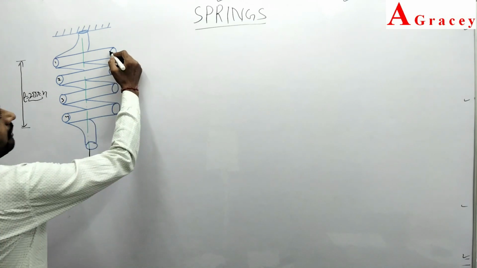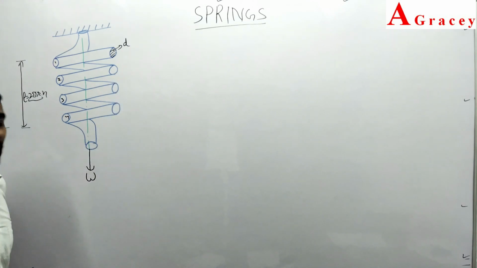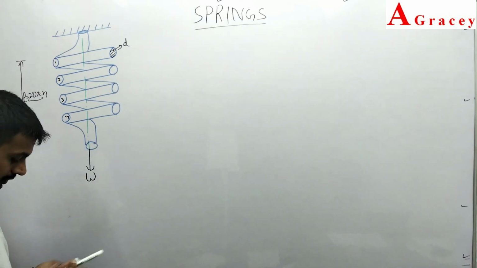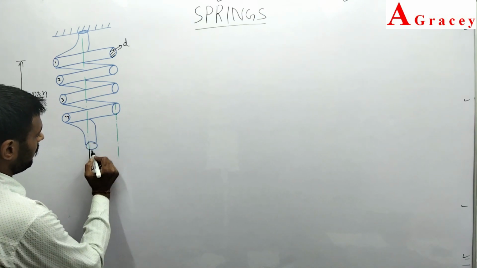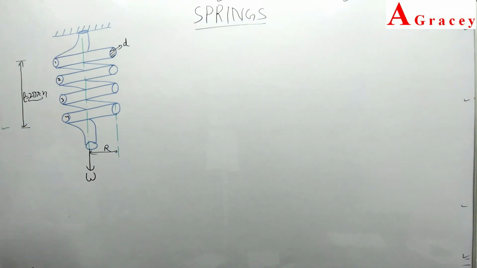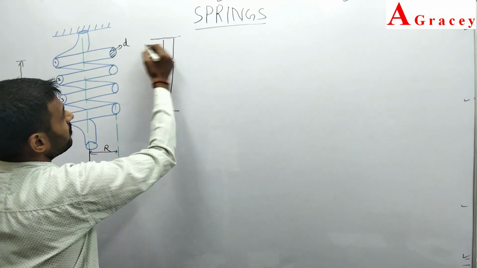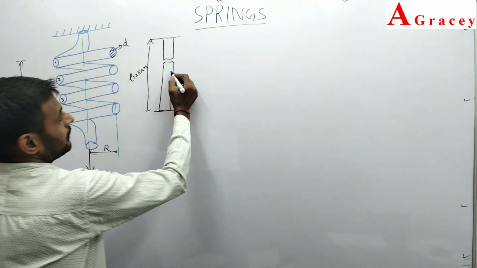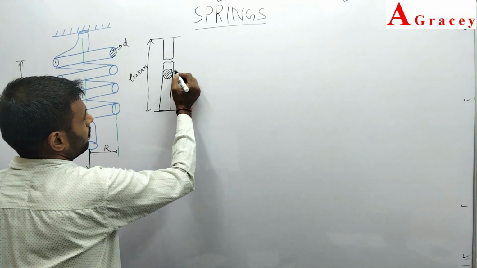Second thing, we discussed that this is your small d, the diameter, and this is the mean radius, if I'm plotting from the center of this circle, from center to center. Is it clear? And this is your small diametrical section that I'm representing here.